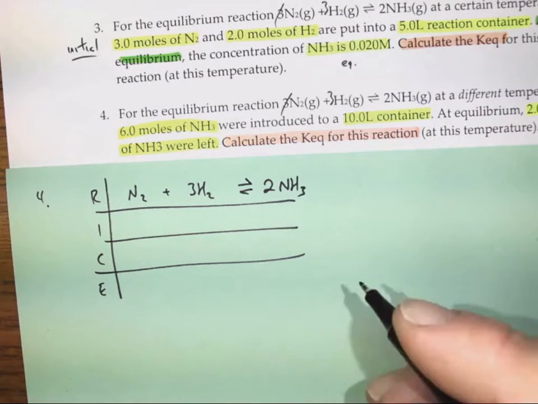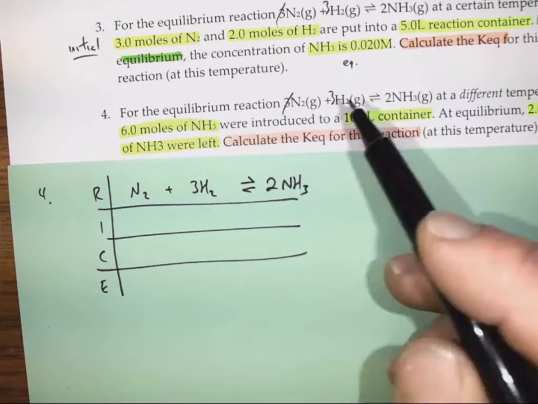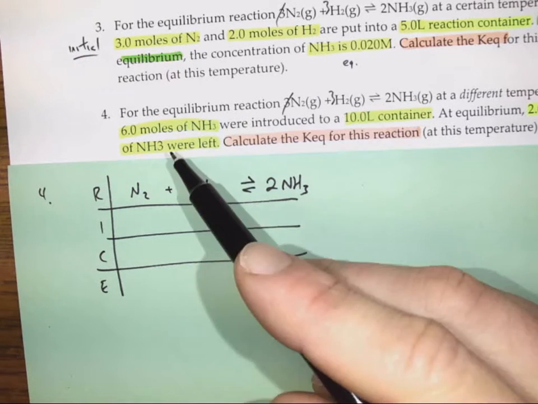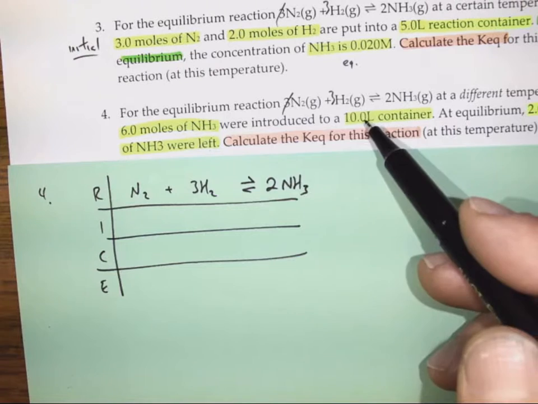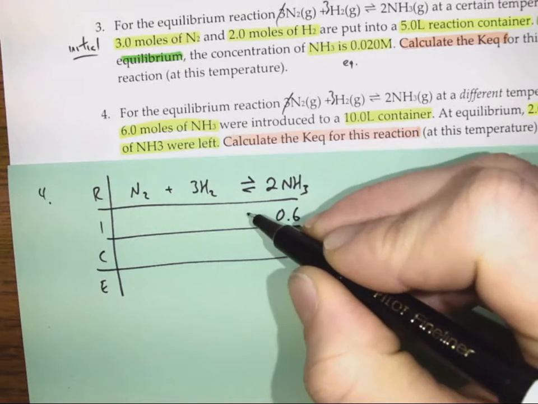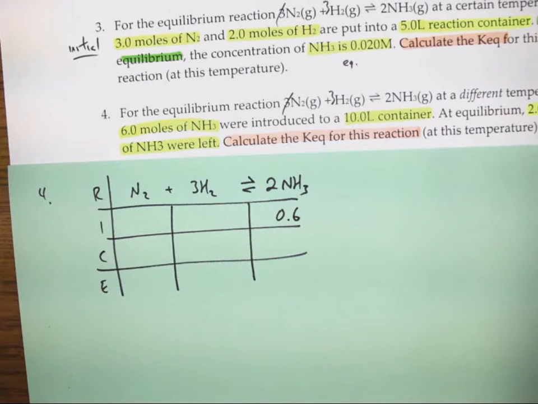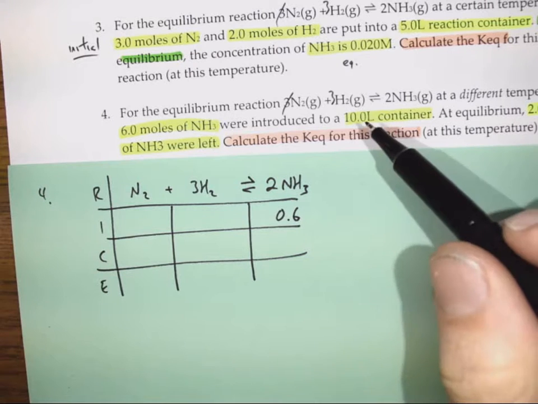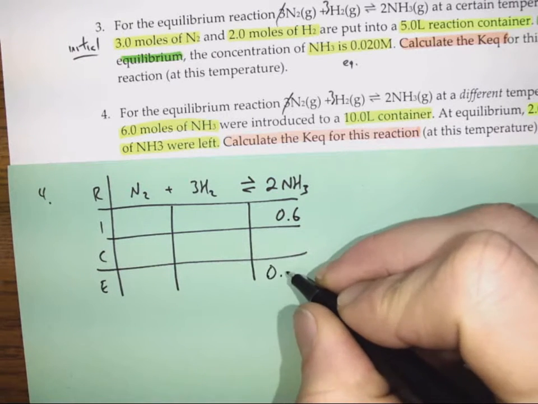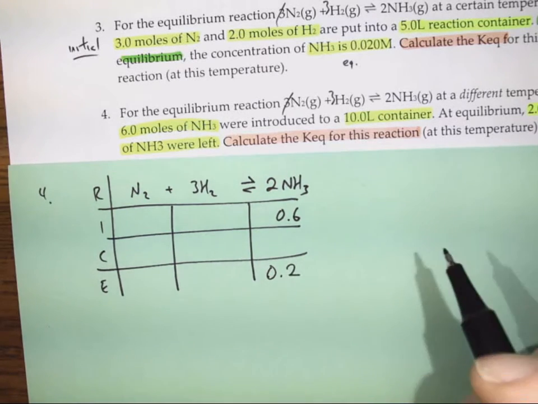All right, so my initial concentration: some ammonia introduced, 6 moles of ammonia in a 10-liter container. So that sounds like I've got 0.6 moles for every liter. Okay, but at equilibrium there was only 2 moles for every 10 liters, so that's 0.2 moles for every liter left.